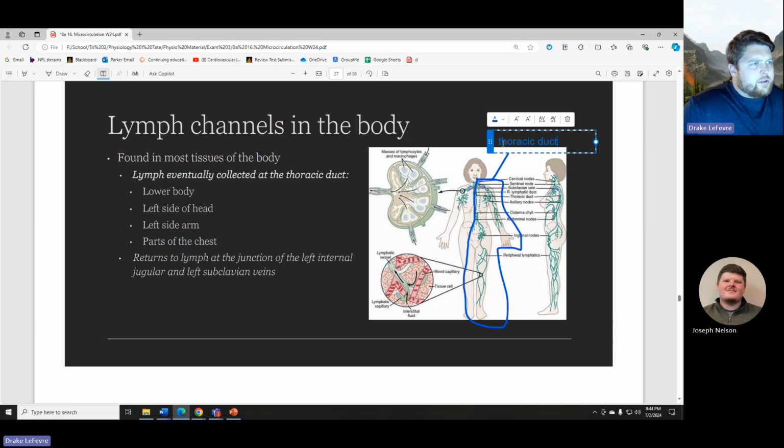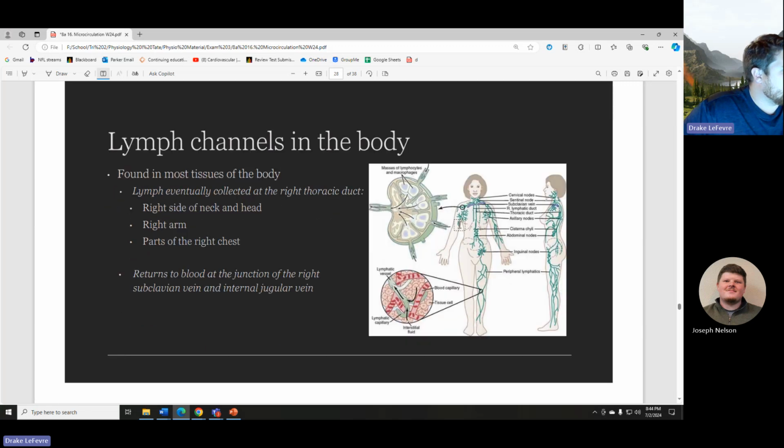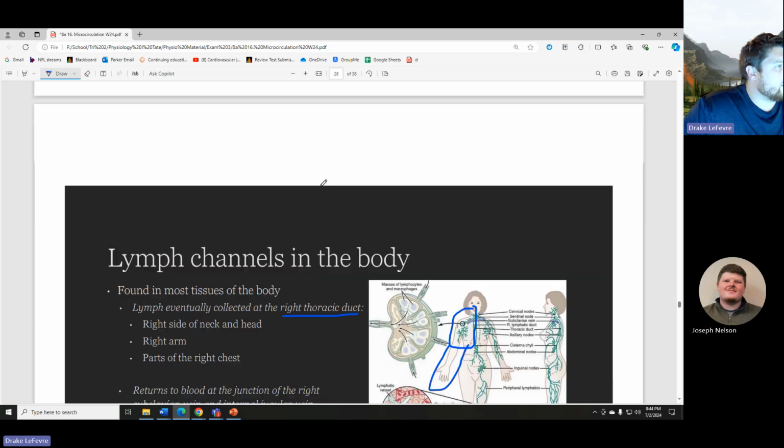In DAA, you talked about the lymph vessels briefly. So all of this stuff gets put back into the thoracic duct. And then the right side of the head and neck, the right arm and parts of the right chest, this whole chunk right here is going to be the right thoracic duct.